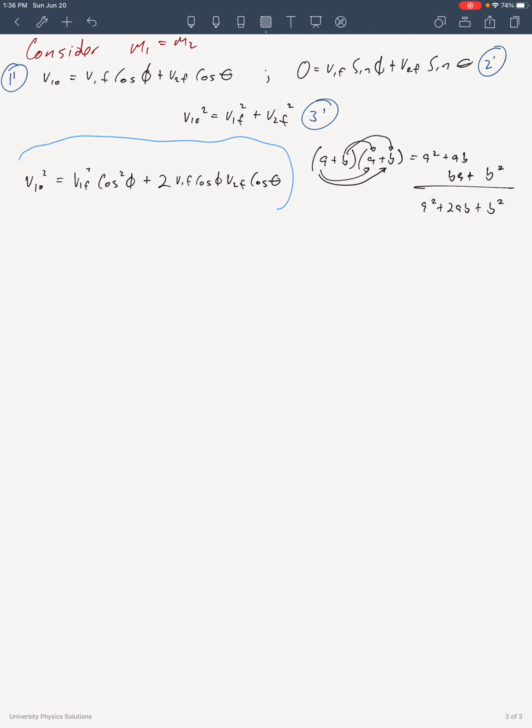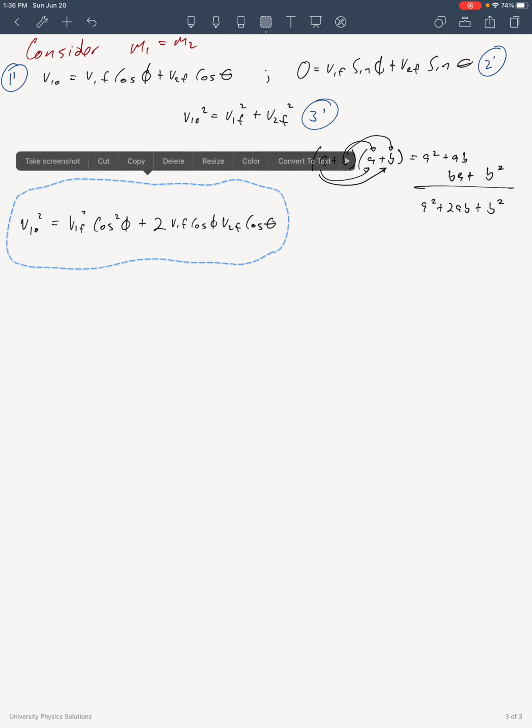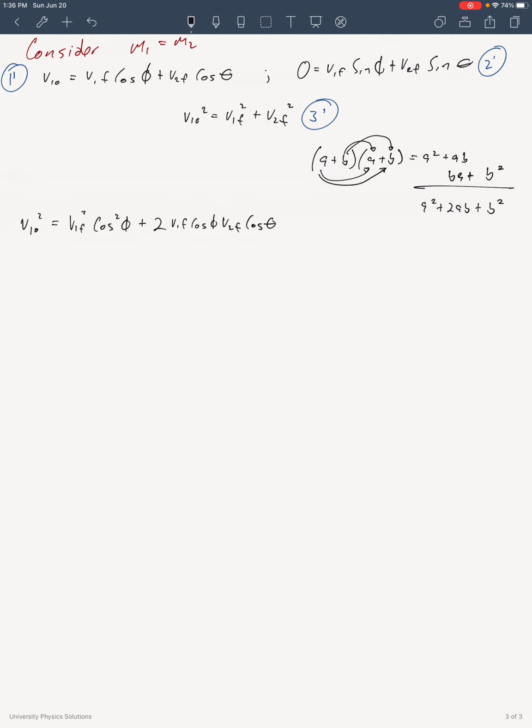Let's give myself some more working room. And then plus V2f cosine theta squared. Alright, same thing for equation 2.